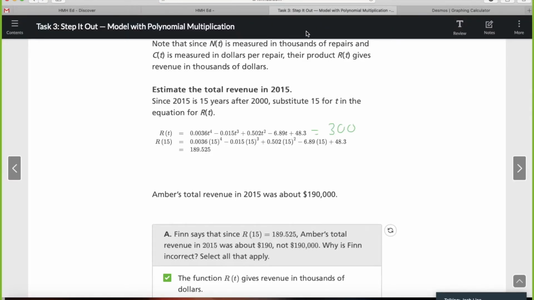Let's see here. I'm going to write this down, 0.0036x to the fourth minus 0.015x cubed plus 0.502x squared minus 6.89x plus 48.3. I'm just using x's because that's what I have to enter into my calculator.